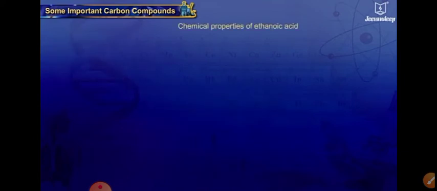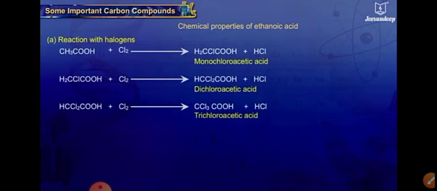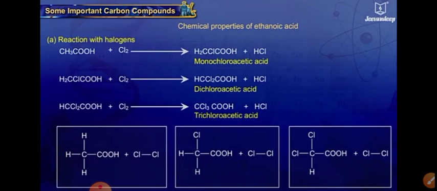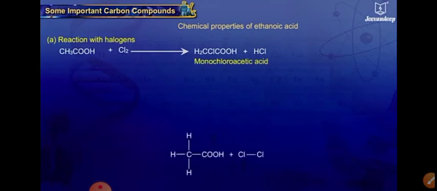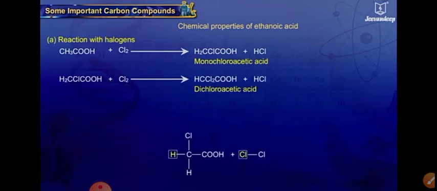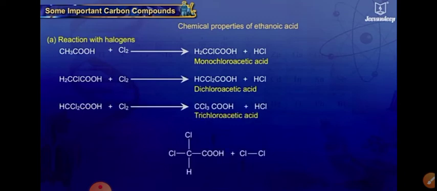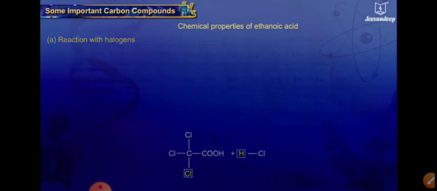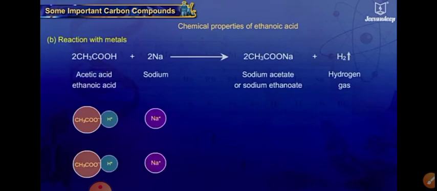Chemical properties of ethanoic acid. Reaction with halogens. When CH3COOH reacts with chlorine, we get monochloroacetic acid, and HCl is also formed. Then the next reaction, with metals.